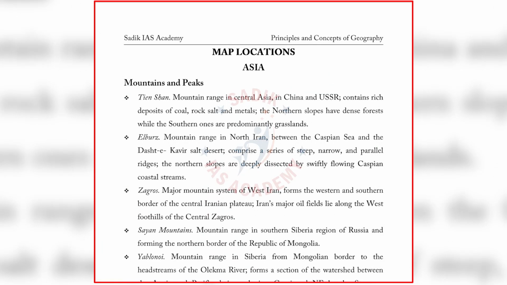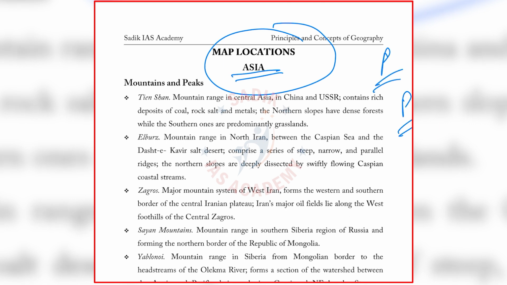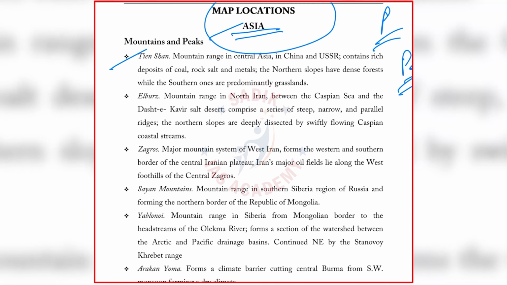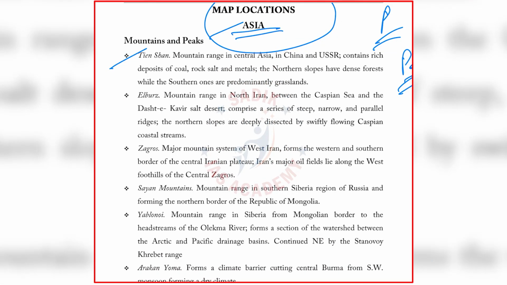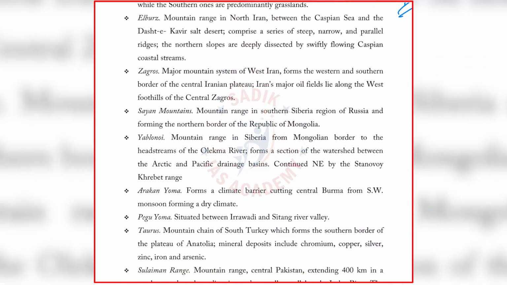Another significant part of this book is an appendix which I have added, called the map locations. As a student preparing for the UPSC examination, you have to know, continent wise, the important physical and political places on the map. It includes the mountains and peaks, continent wise, and I have given a small description of each.